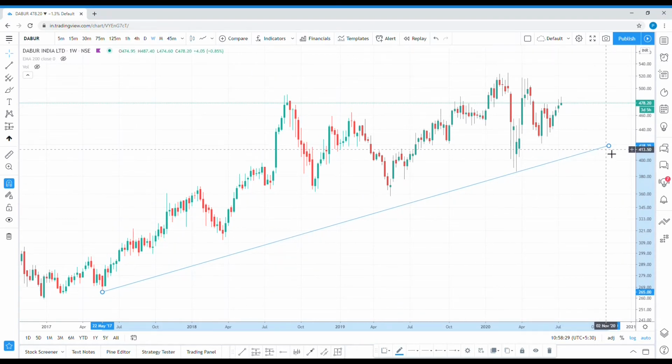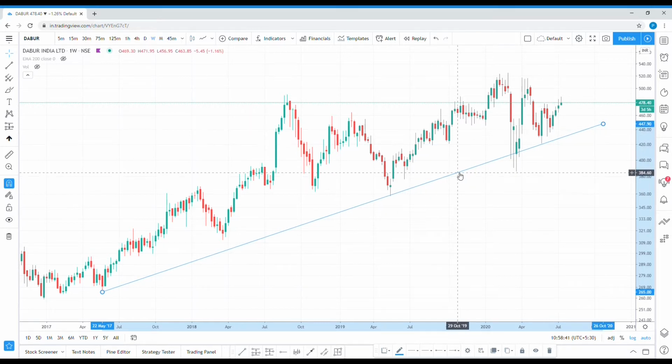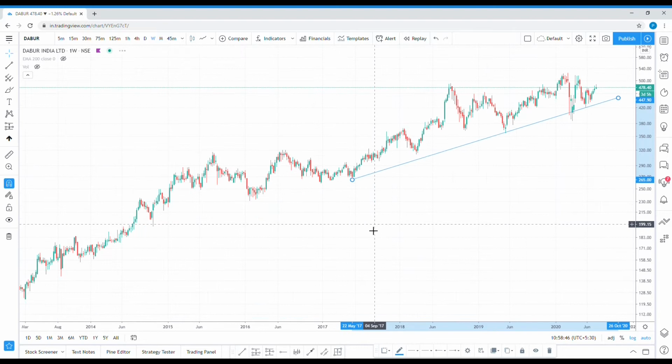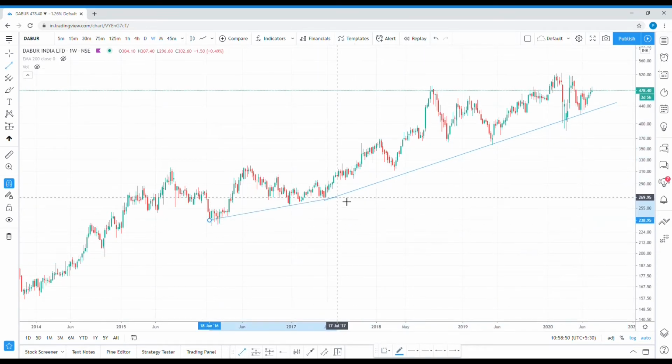But if you match body to body, it is going to match most of the points. So here it is matching this, here this, here this, and here also it tried to match. There is no perfect way of doing it. In different stocks you have to do it differently. Sometimes you will match body to body, sometimes wick to wick, depending on whatever suits you.